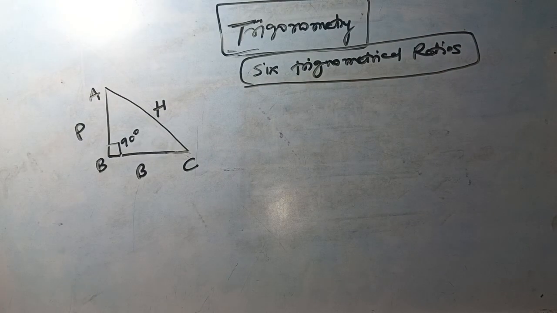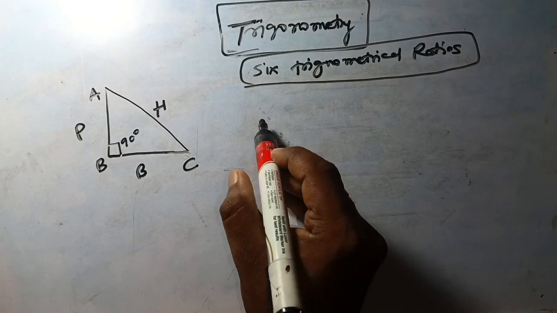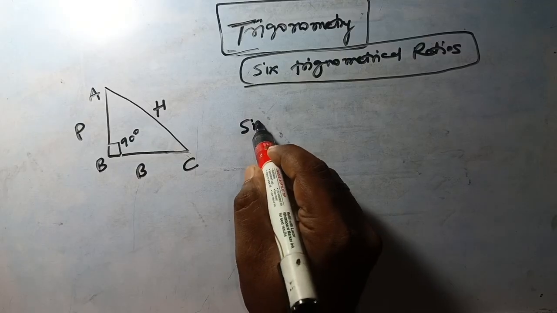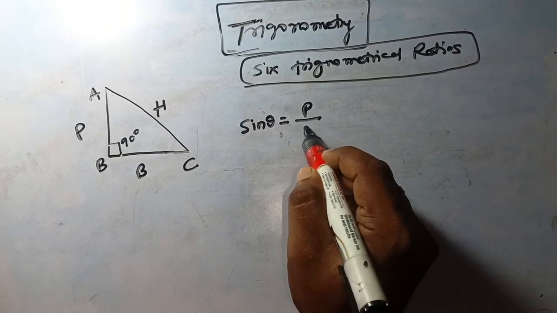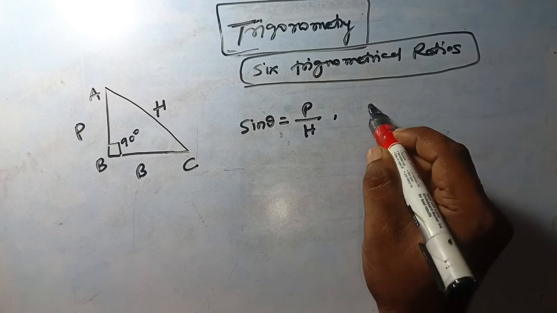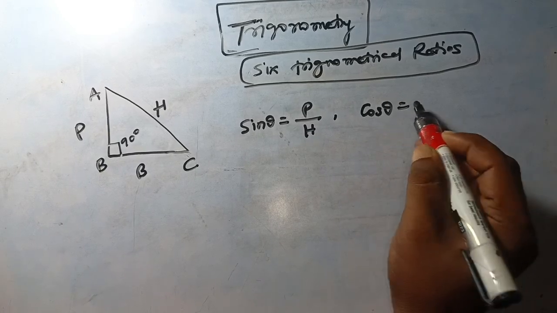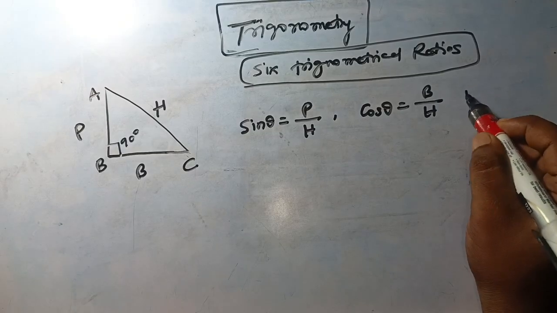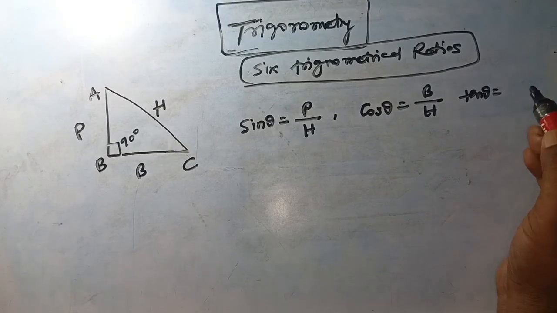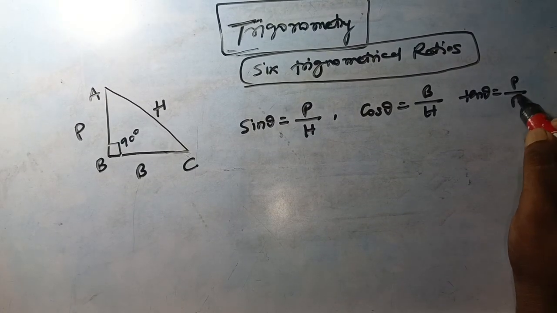So what are these six trigonometrical ratios? These are sine theta, which is equal to perpendicular upon hypotenuse, cos theta, which is equal to base upon hypotenuse, and tan theta, which is equal to perpendicular upon base.